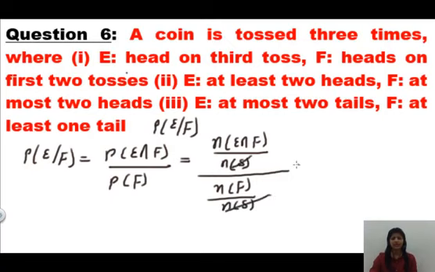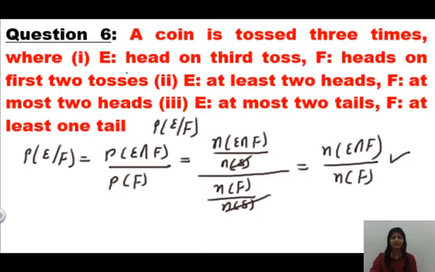So these are going to get cancelled. You're only going to be left with the number of elements in E intersection F upon the number of elements in F. So this is the formula that we can use. We can just count the number of elements in E intersection F and the number of elements in F, and divide them.